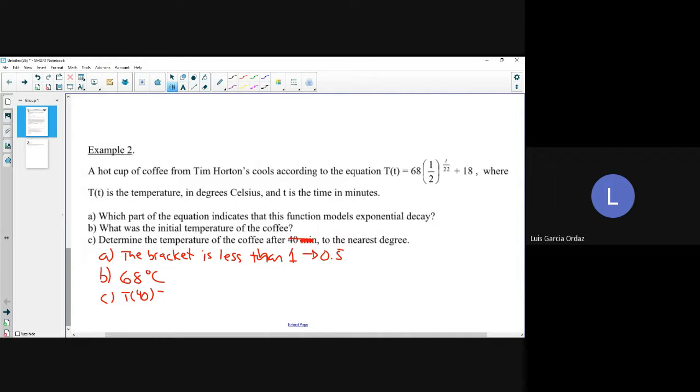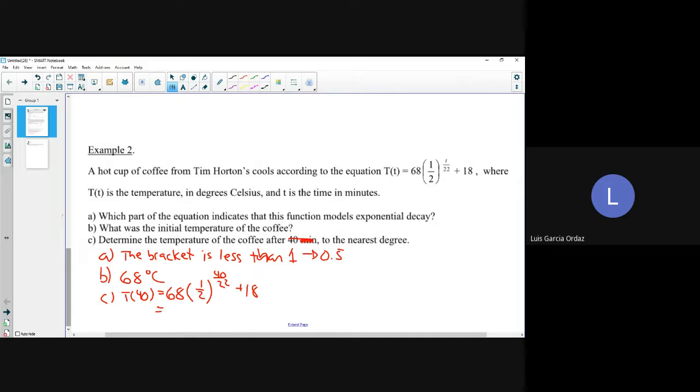So T at 40 is equal to 68 times 1 over 2 to the power of 40 over 22 plus 18. What you guys are going to do first is do 1 over 2, or 0.5, to the power of 40 over 22.